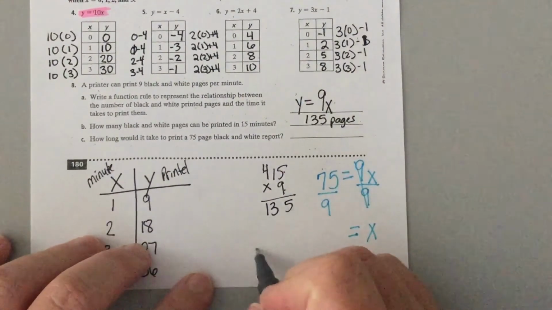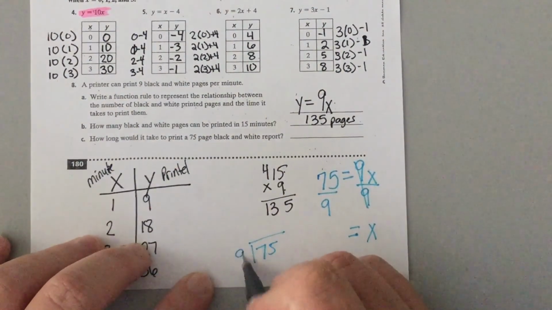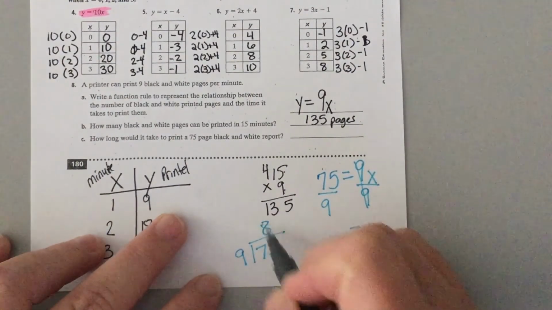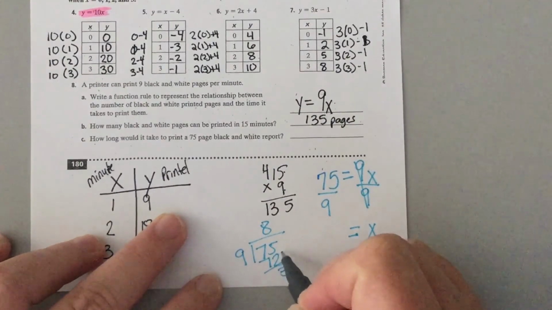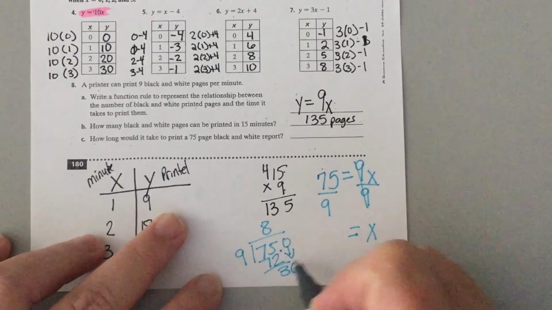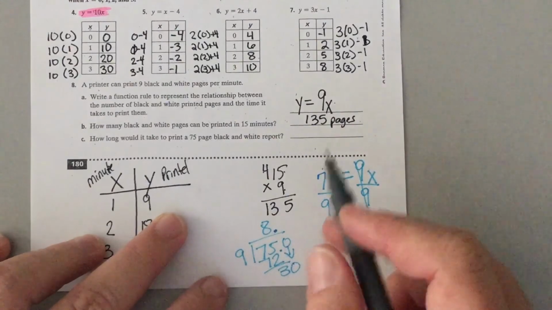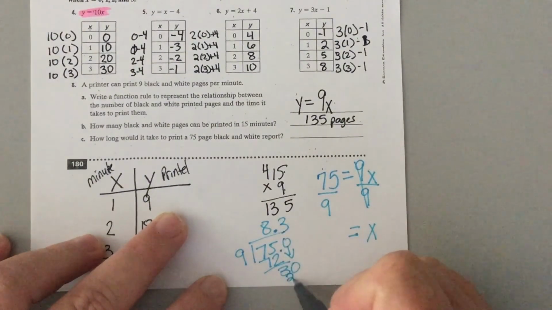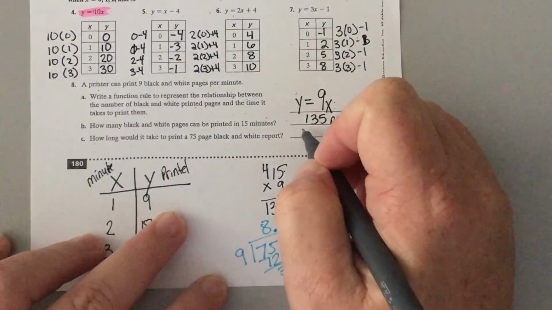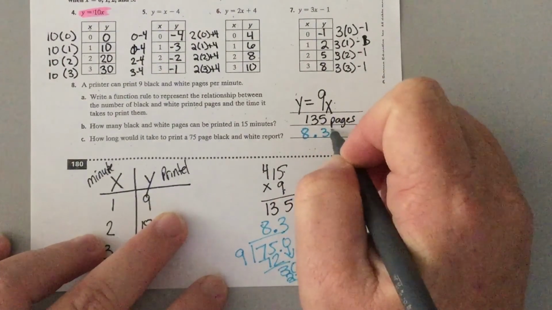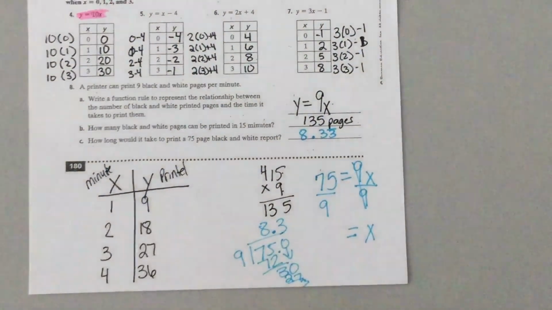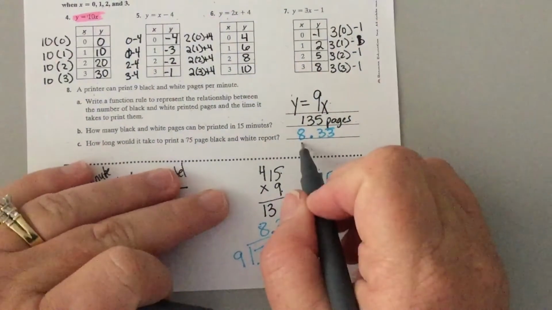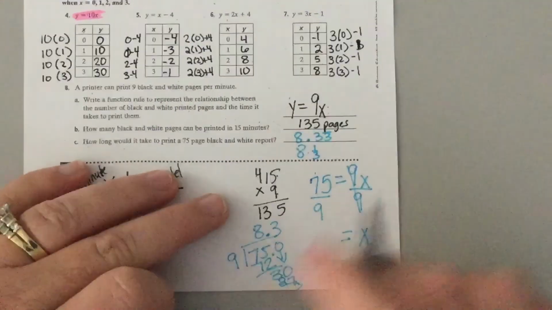And I'm going to do 75 divided by 9, which is going to give me 8, 72, think 3. And it's going to keep repeating, so 8.33 repeating, right? Or I could have written 8 1/3 minutes.